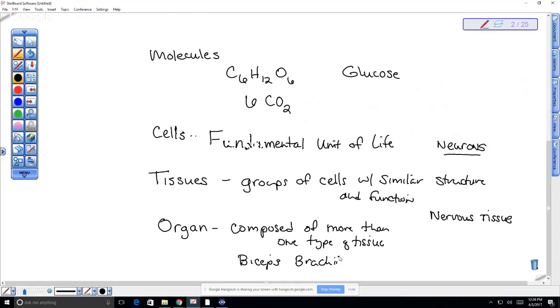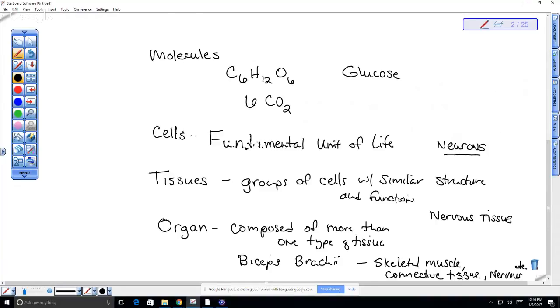So this is skeletal muscle, but it also has connective tissue, nervous tissue, and I'm running out of room, so I'll just put et cetera, okay? So that is actually an organ.